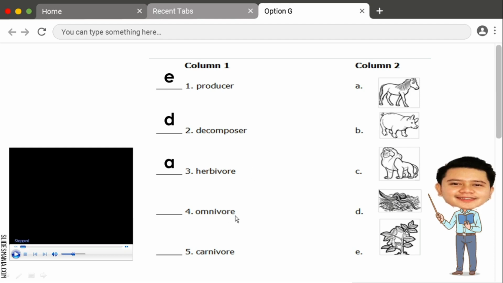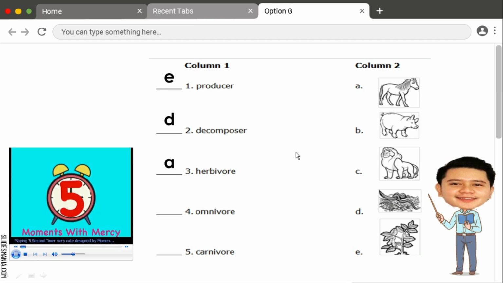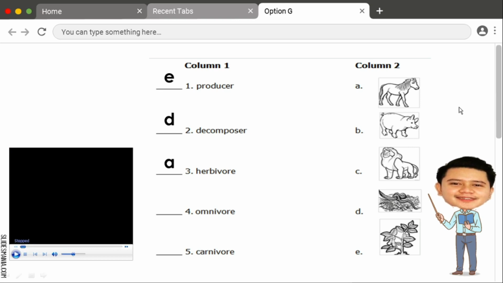Next, omnivore. Omnivore, what does it mean? Eats both plants and animals. So, 5 seconds. Alright, the correct answer is letter B. A pig is an omnivore.